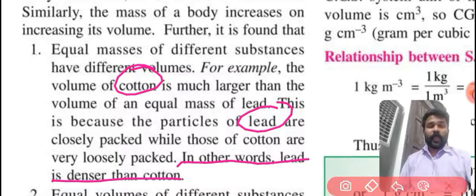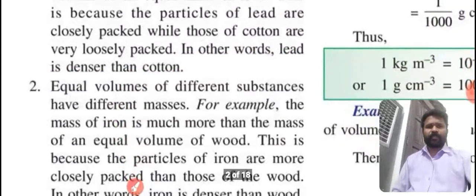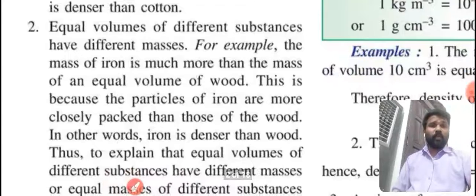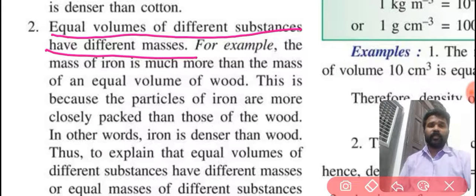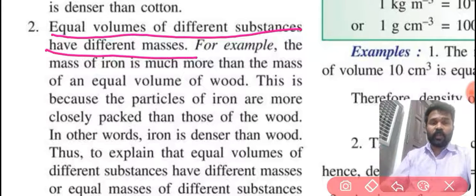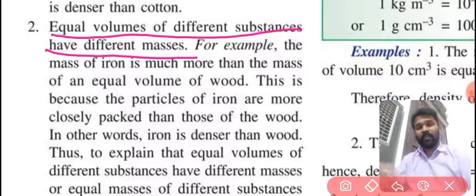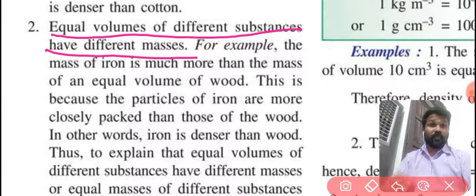Okay students? And another point is, equal volumes of different substances have different masses. For example, the mass of iron is much more than the mass of an equal volume of wood.